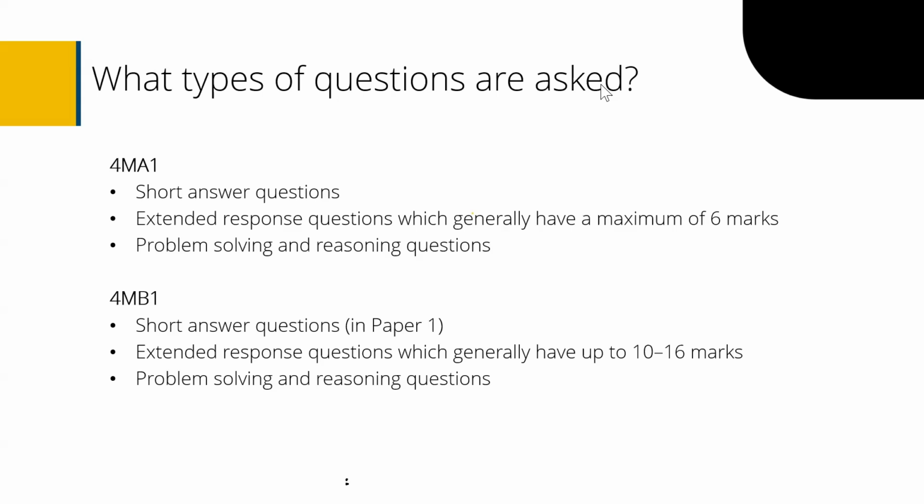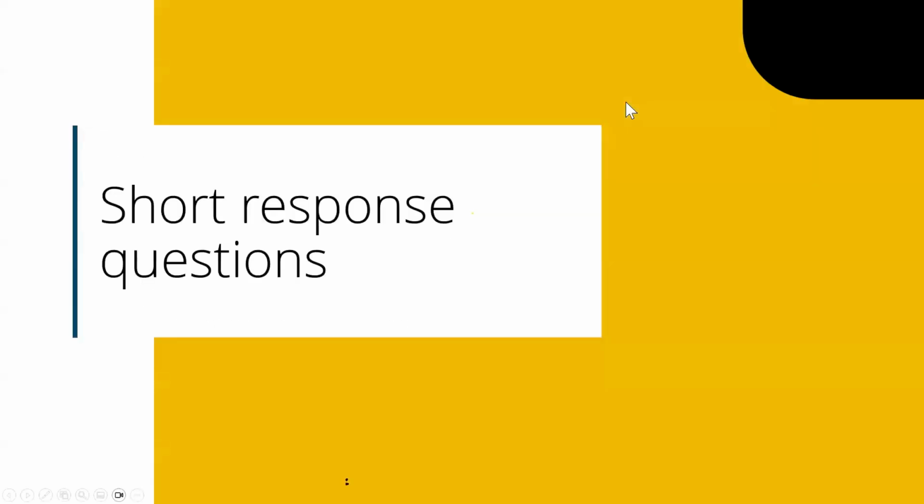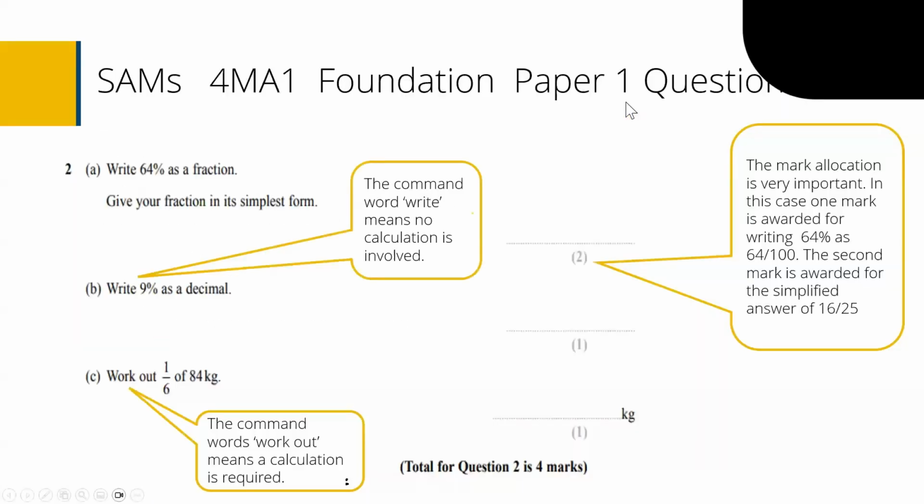So we are going to move on to the short response questions first, and we're going to take an example from the SAM papers to discuss and analyze this. Coming to short response ones first, you can see on this slide here, those are examples. So we have a short response question, a grade 1, and note particularly the command words used and the mark allocations.